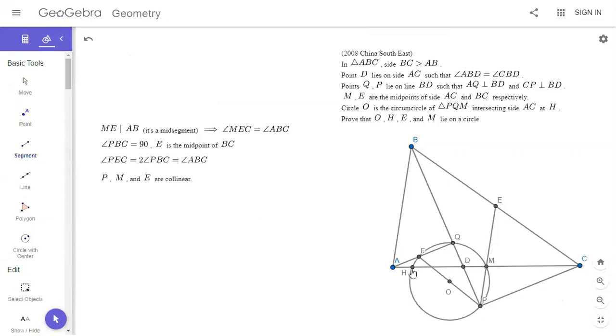Then we know angle HOM. How do we know that? But anyways, once we know that, we can prove BAHQ is cyclic.